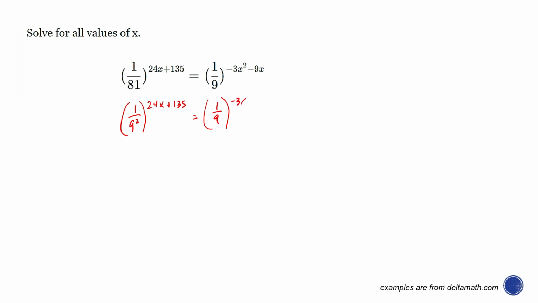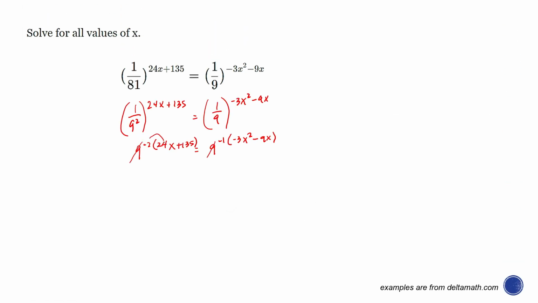Equals negative 3x squared minus 9x. This is 9 raised to negative 1. And then this is 9 raised to negative 2. All right. Disregard the 9.